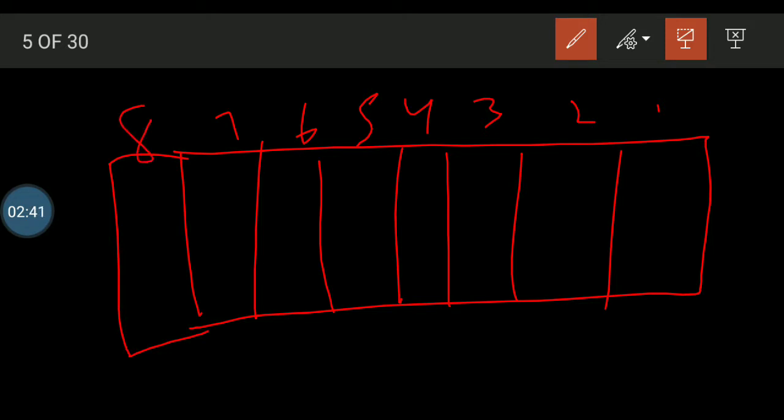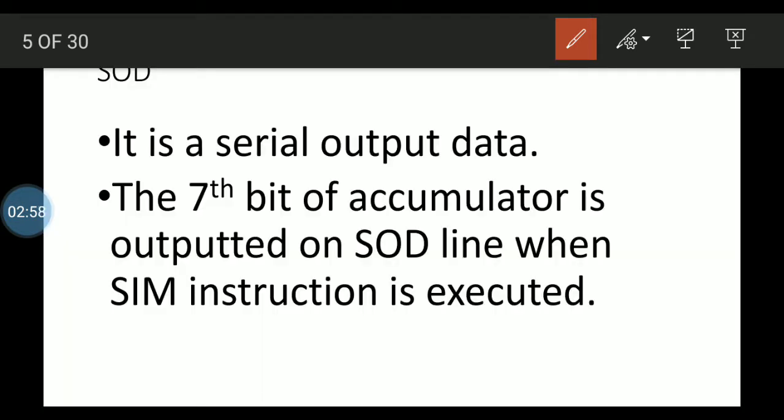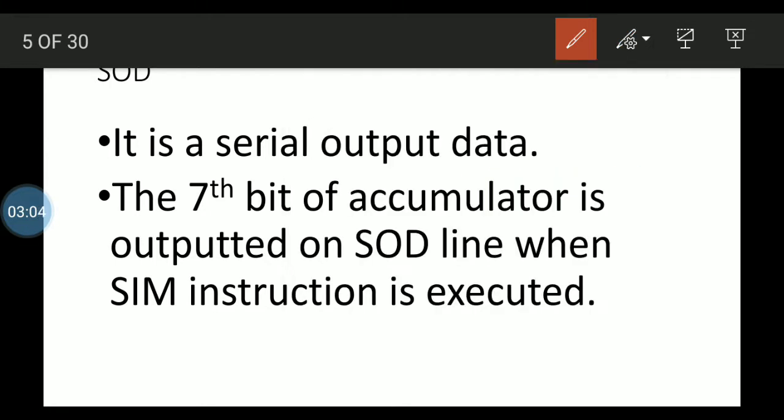Now the 7th bit of the accumulator is given to the SOD line. Understood? The 7th bit of the accumulator is outputted on the SOD line when the SIM instruction is executed.